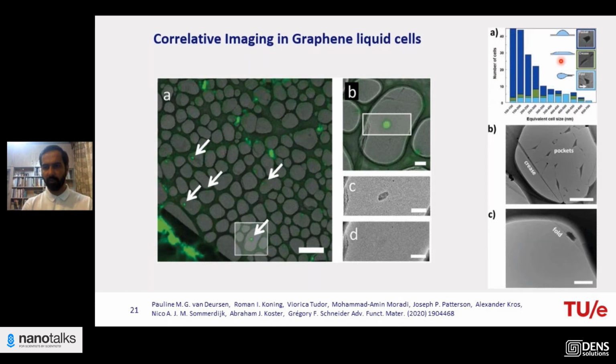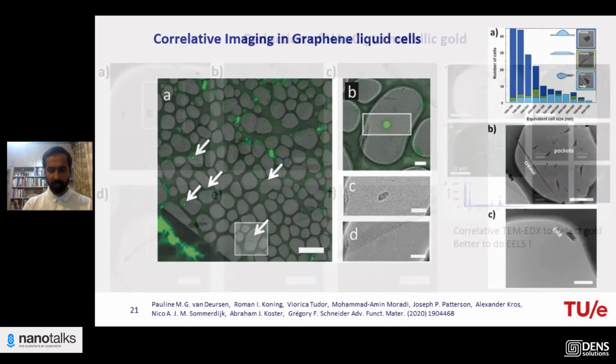And then when you look for large water pockets, you may go for the crease type or the fold type. The very important thing about this folded type of graphene liquid cells is that they're made with only one layer of graphene. And you can see the examples here.